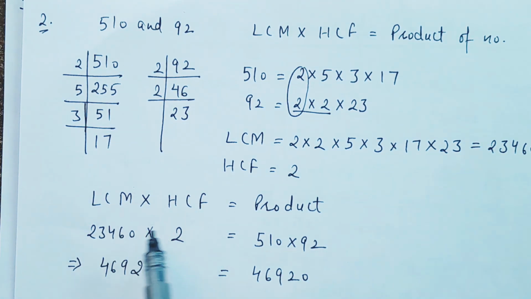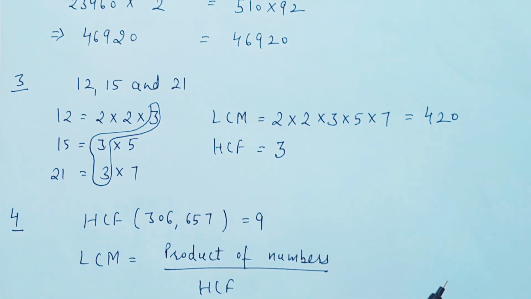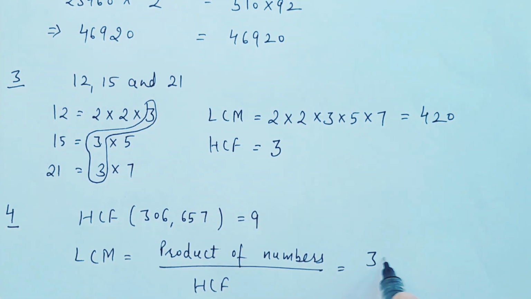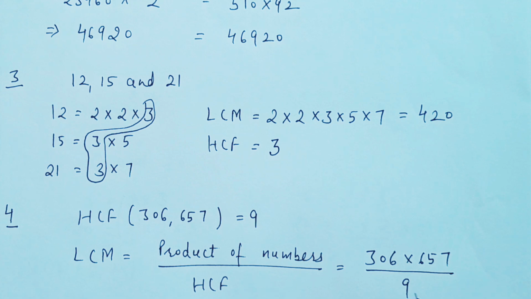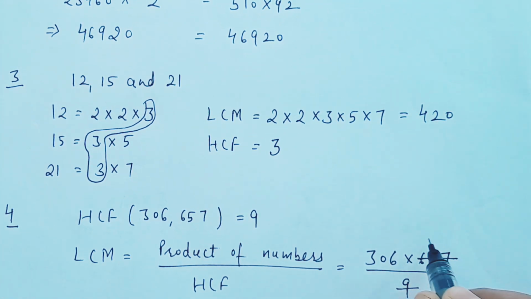By using this result, we have to find the LCM, so we will take this HCF in the denominator. So the product of the numbers is 306 multiply 657 and HCF is given to be 9. We have to simply cut the numbers and find the answer. 9 7s are 63, 2 left, 9 3s are 27.